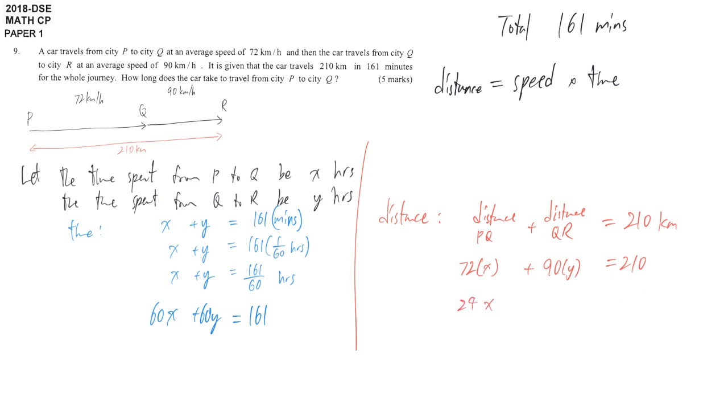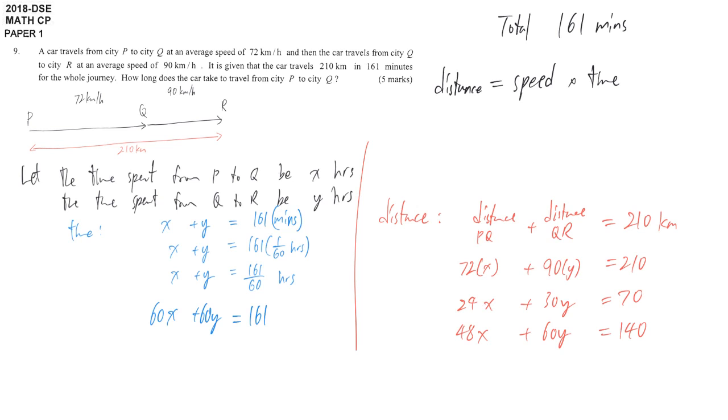We get 24x plus 30y equal to 70. And I remember that I want 60y, so to get 60, I will times both sides by 2 now. 48x plus 60y gives you 140.